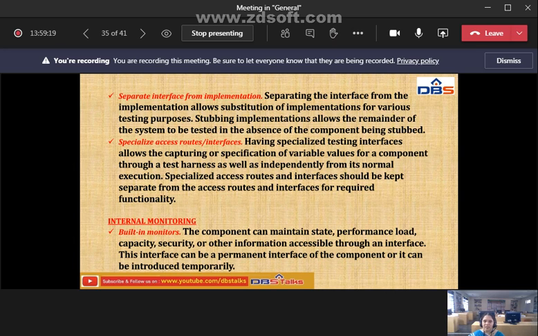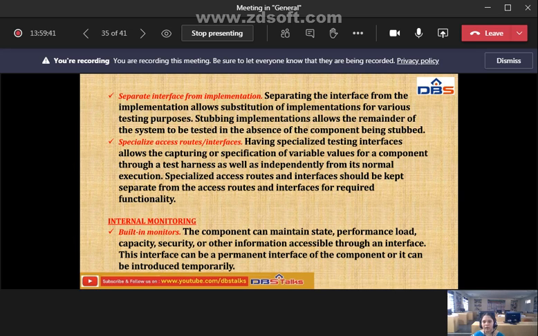Next, specialized access routes and interfaces. We use specialized testing interfaces that allow capturing or specification of variable values of a component through a test harness, as well as independently from its normal execution.